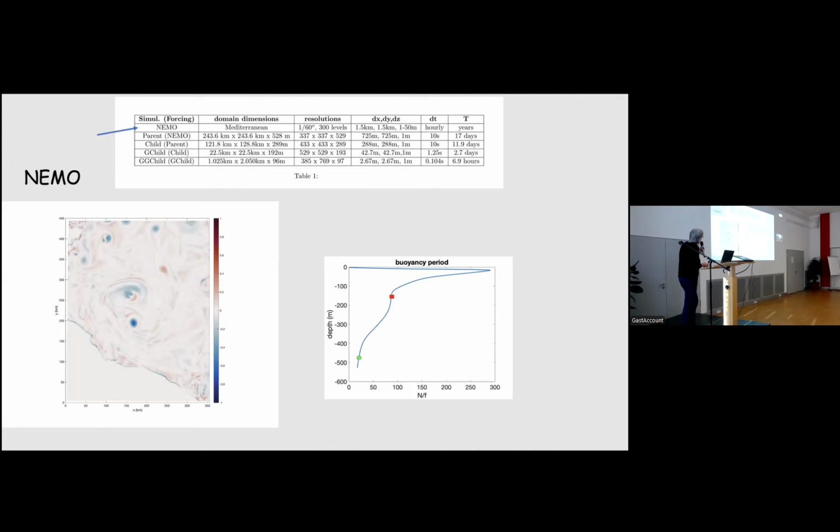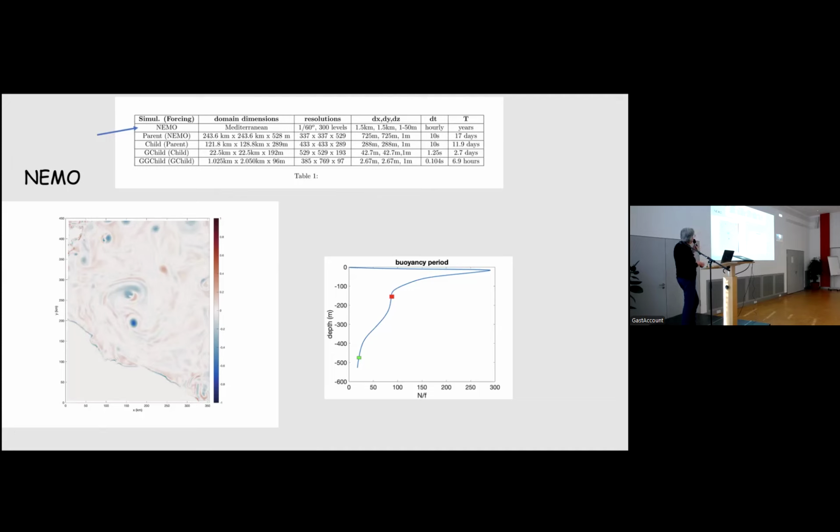This is the buoyancy frequency profile. The NEMO data goes all the way down to 600 meters. To do our nesting, first of all, we need to stay away from coastlines, and we don't want to have bathymetry. We have a box.